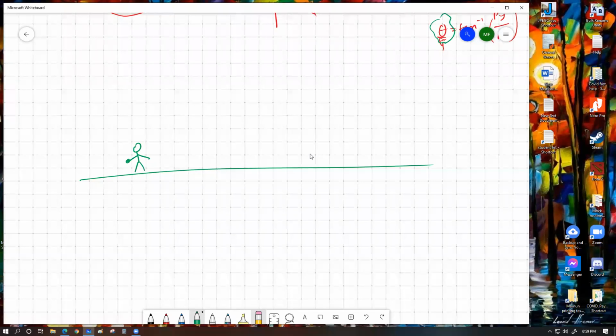At a certain point, when I'm happy with the velocity, I'm going to slow down my hand, even by a little bit. The moment I start to slow down my hand, the rock is going to lose contact with my hand surface. This is the important bit. At one point of my hand motion, I'm going to slow down my hand because I want to let go of the rock.